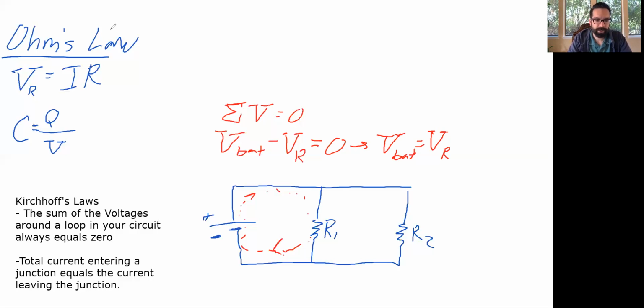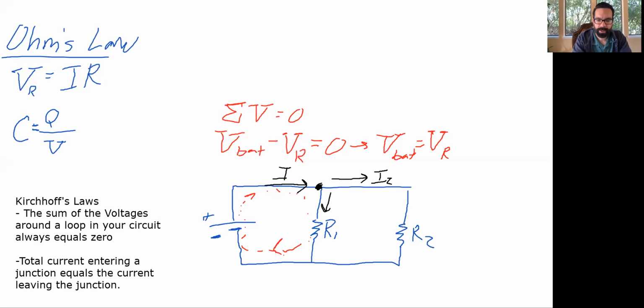All right, and the other law that we discussed here is the current one. So we have total current going this way, and here's the junction. At this junction, that current's going to split up. You have current going to the right, call that I2.